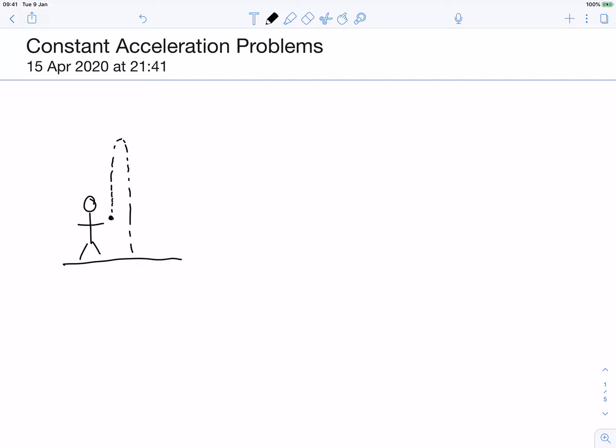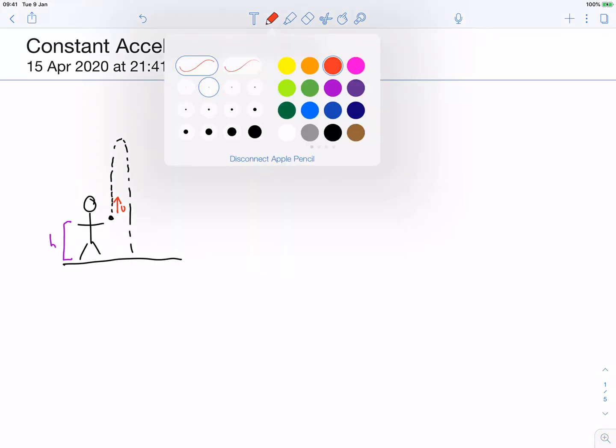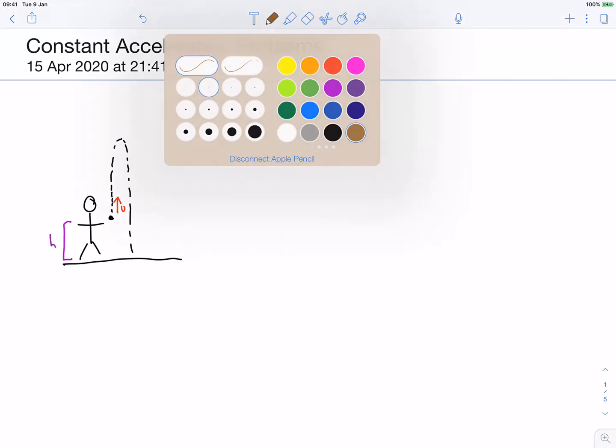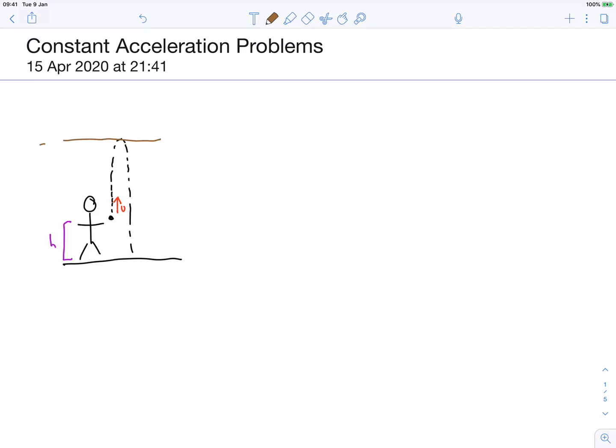For example, given an initial starting height h of the ball above the ground and an initial speed or velocity thrown up into the air, could we calculate the maximum height the ball reaches, and could we work out the time which the ball is in the air?